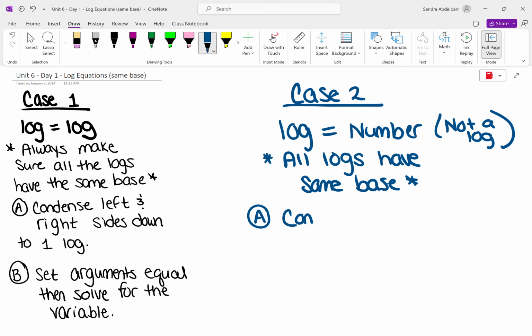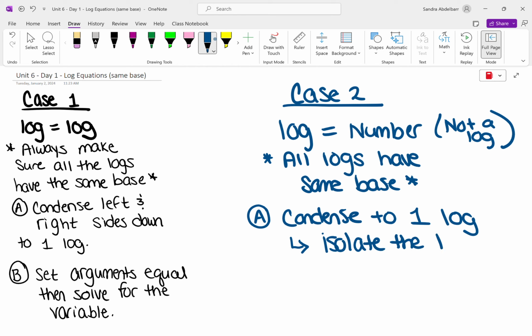We are going to condense to one log. And then after you condense to one log, what you want to do is isolate the log, the log with its argument.